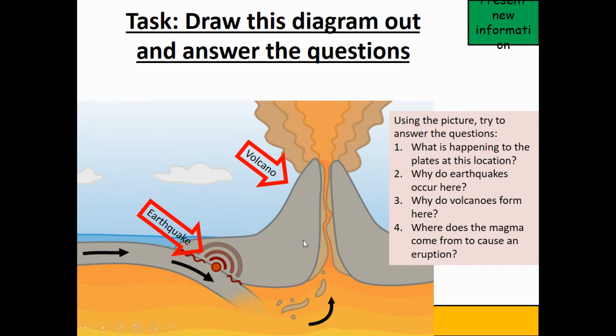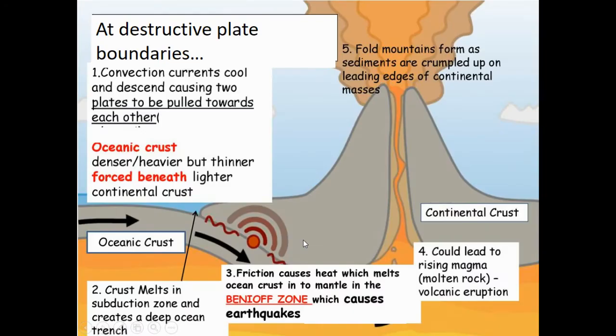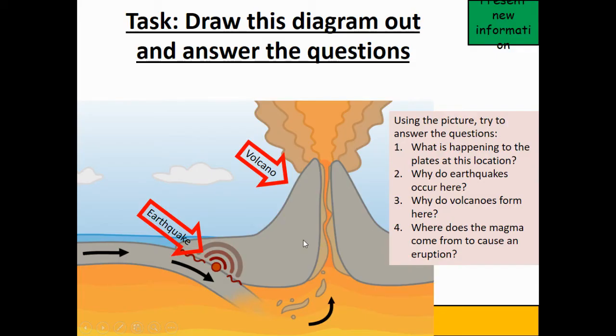Okay? So, what I want you to do is draw that diagram out. Okay, it's a bit clearer on this screen. So draw that diagram out. Don't worry about those questions because we've kind of just gone through those with me talking.